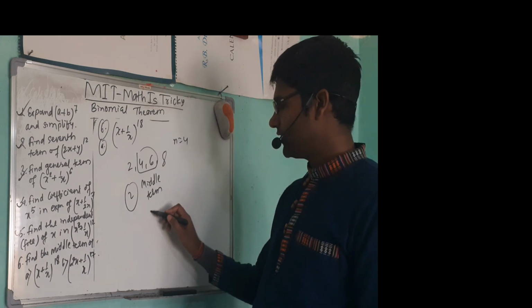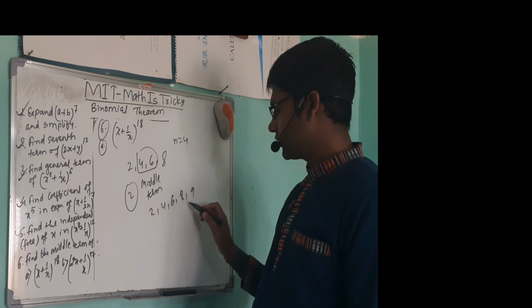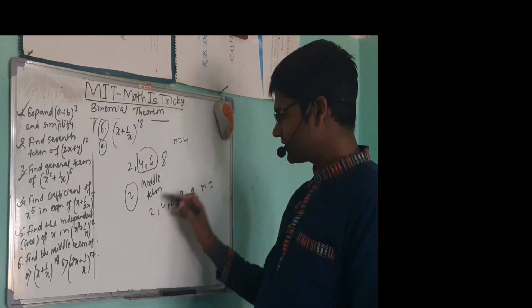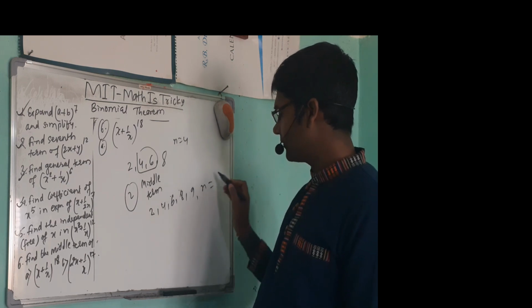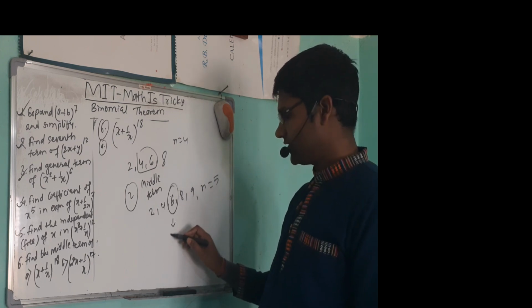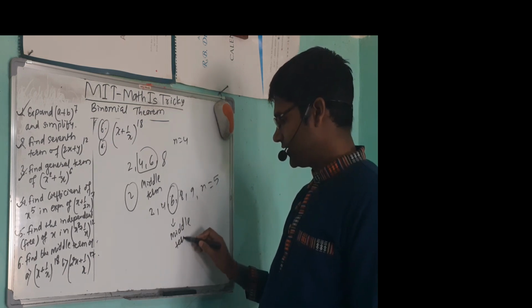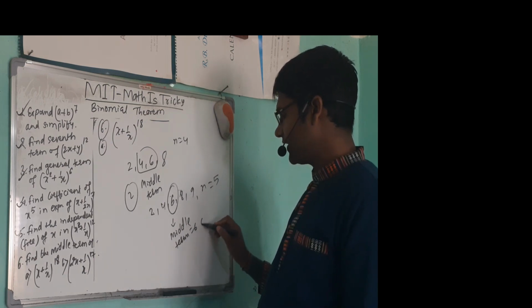Now if we see 2, 4, 6, 8, 9, how many terms are there? 1, 2, 3, 4, 5, so only one term will be there, one middle term. This is the middle term, only one.